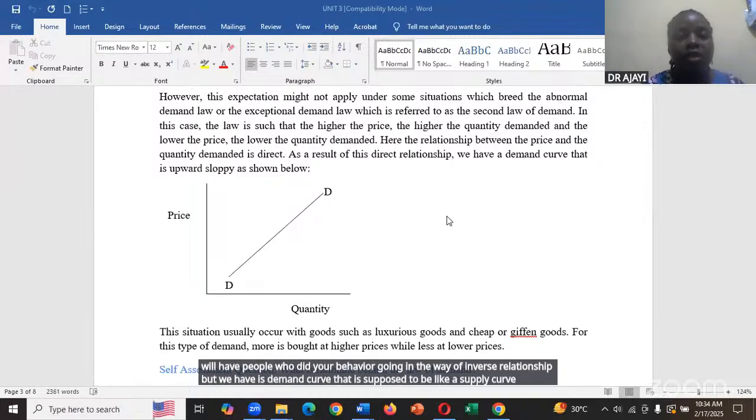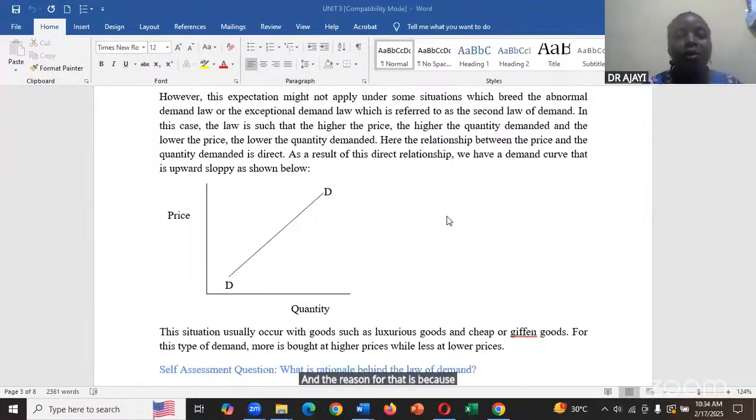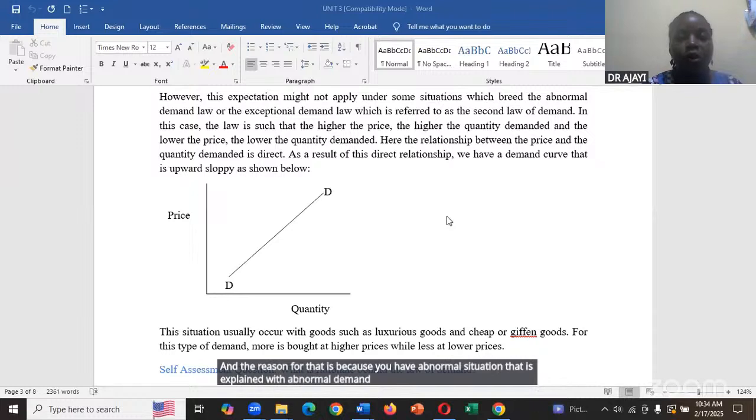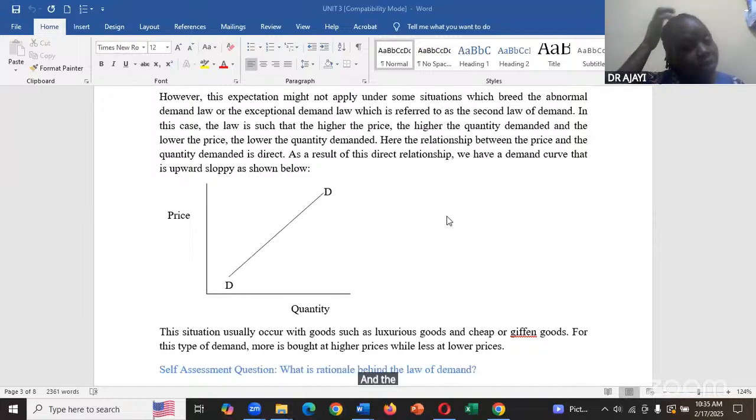The reason for that is that you have an abnormal situation that is explained with the abnormal law of demand, or what we usually call the exceptional law of demand, or what we also refer to as the second law of demand. In this case, the law is such that the higher the price, the higher the quantity demanded, and the lower the price, the lower the quantity demanded.